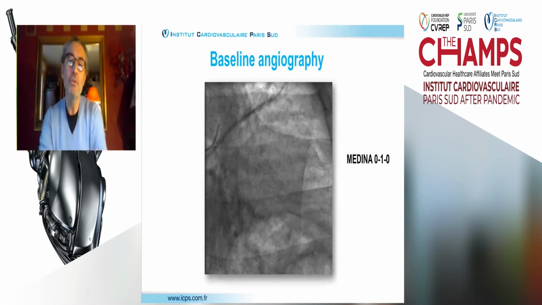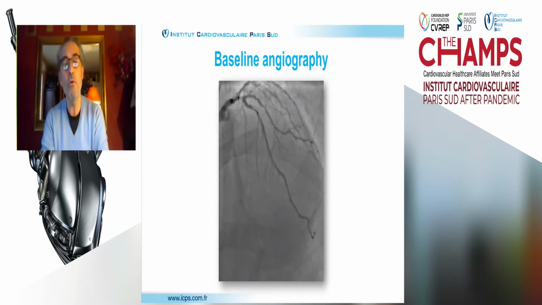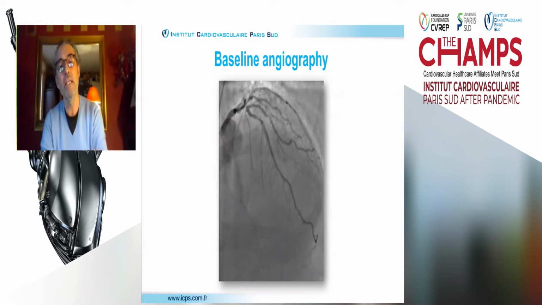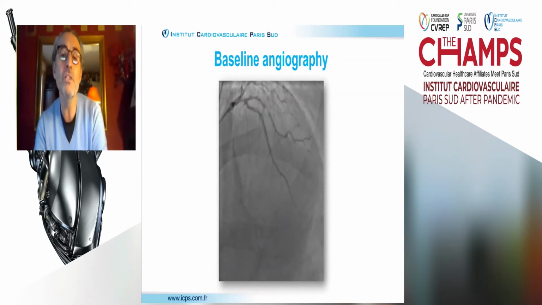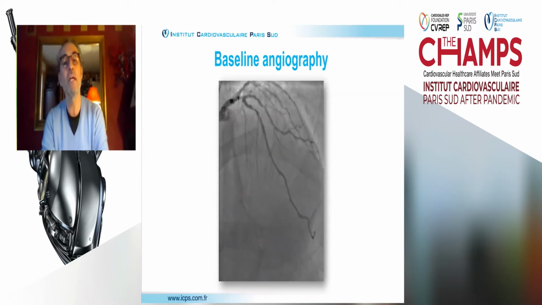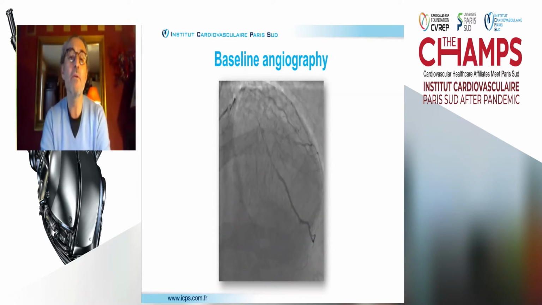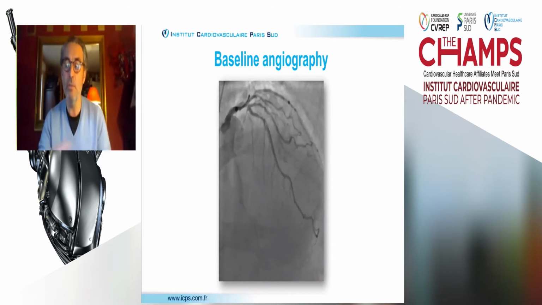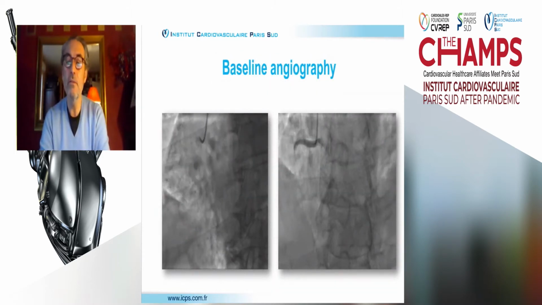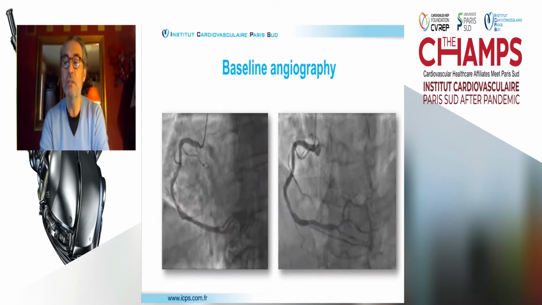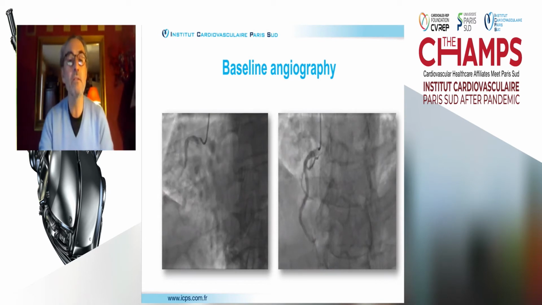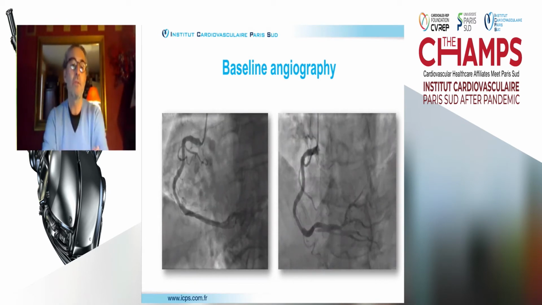On the other view, we can clearly see another stenosis at the middle part of the LAD and a very pathological diagonal branch, which is a long branch coming from the part that is diseased at the proximal part of the LAD. Regarding the right coronary artery, which is dominant, there is no significant stenosis.